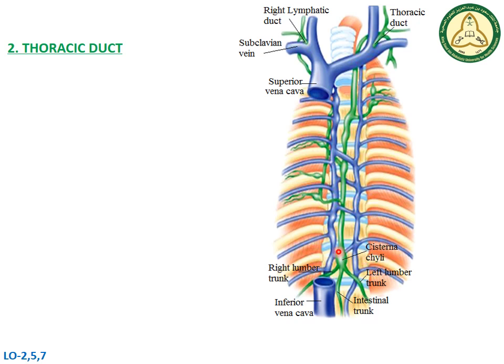It is just below the diaphragm. There are ribs shown here, suggesting the thorax, but this is a wrong impression. The cisterna chyli is not present in the thoracic region; it is present in the abdominal region. It is a sac-like structure, a big pouch, and into this pouch open the right lumbar trunk, the left lumbar trunk, and the intestinal trunk.